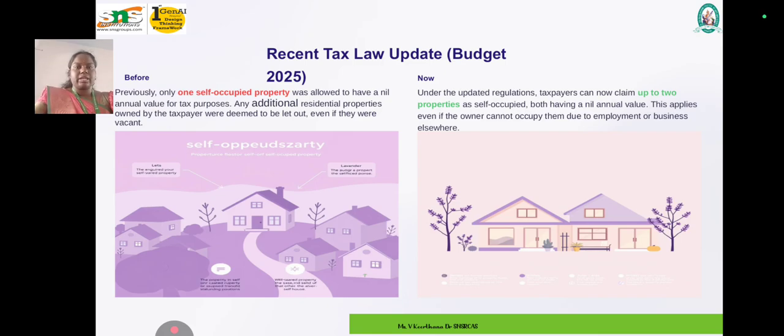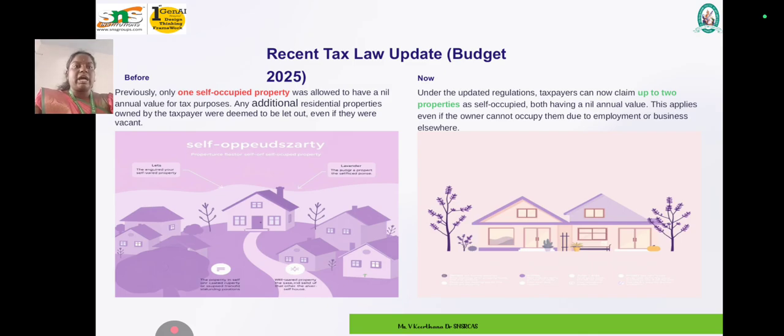Now we can see the recent law update of the budget. Before, only one self-occupied property was allowed to have a nil annual value for tax purposes, and any additional residential properties owned by the taxpayer were deemed to be let out even if they were vacant in the previous year.